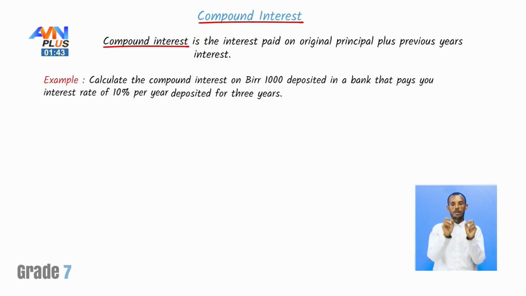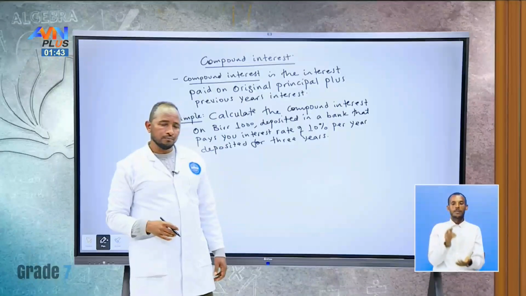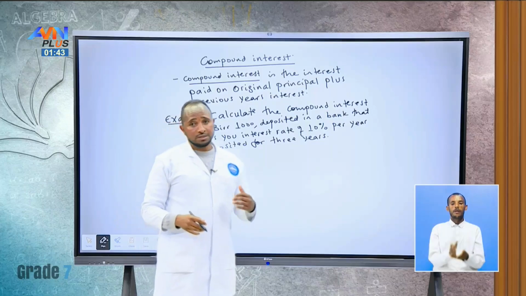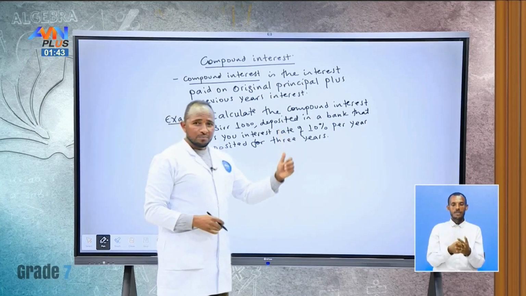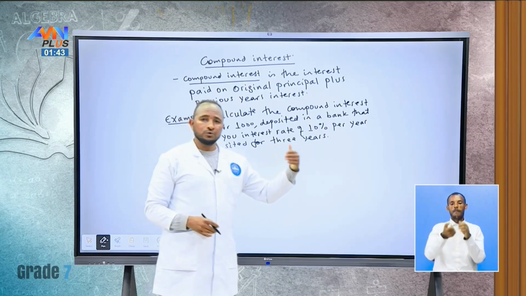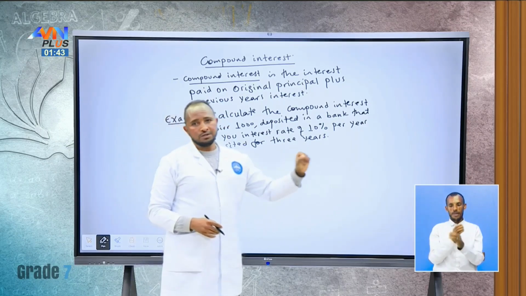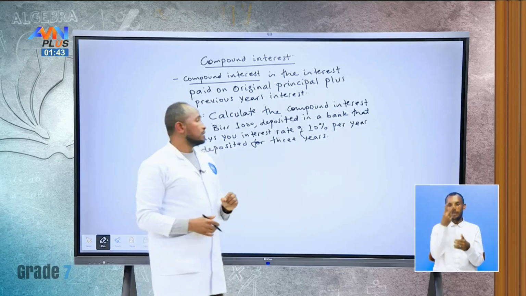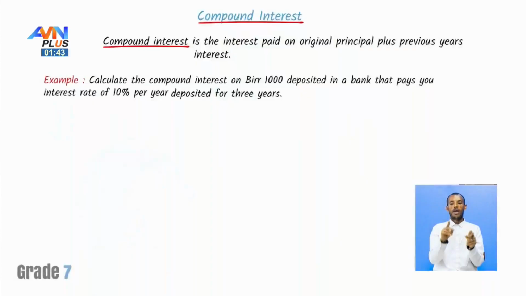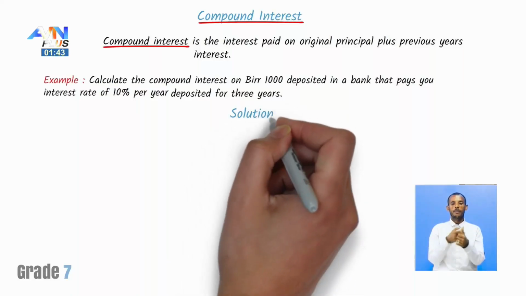Okay. Now, how do you calculate this? Since the principal varies from year to year, you have to calculate the interest for each year. Let's start from the first year.